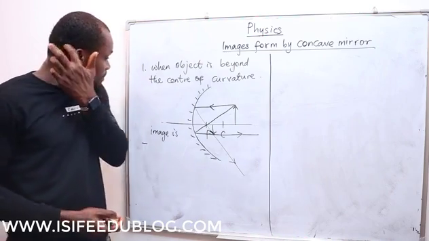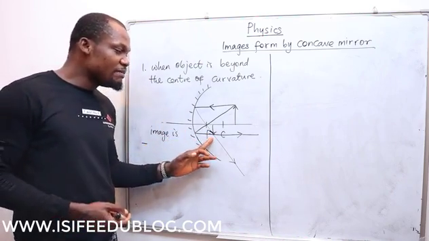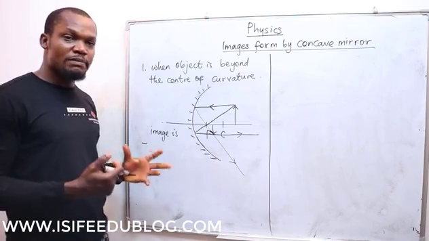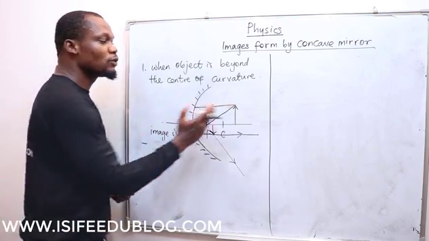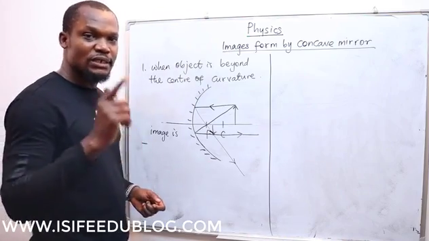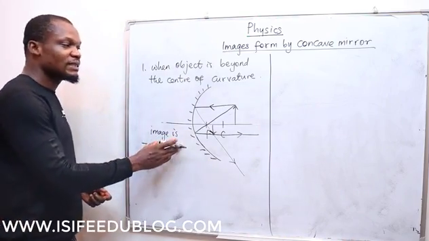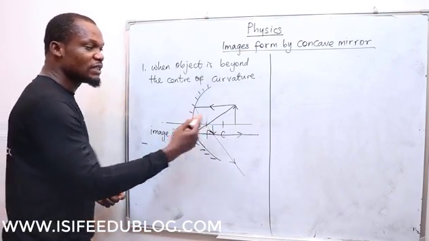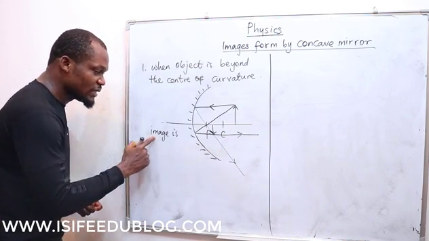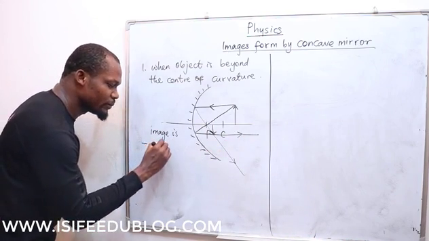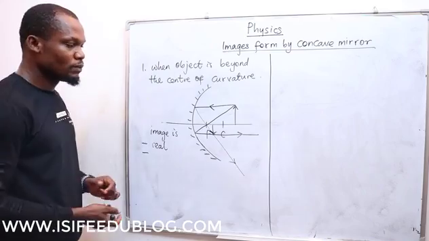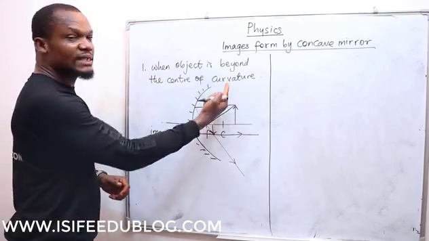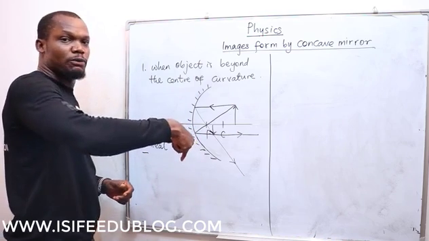Now, remember that whenever the image formed by a mirror is in front of the mirror, that image is real. So let's take a look at the type of image that is being formed. Number one, the image is in front of the mirror. Hence, the image is real. Number two, you can see the object is standing up while the image is pointing down.